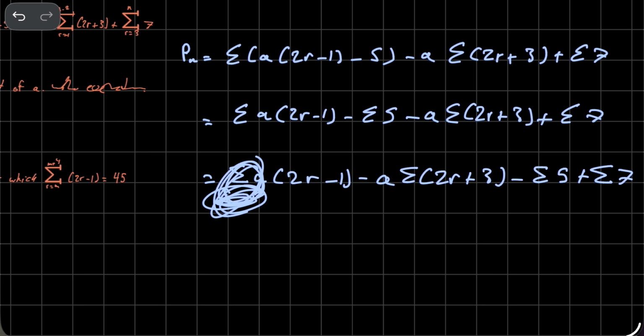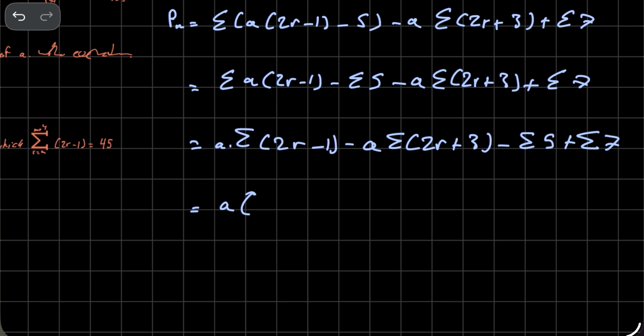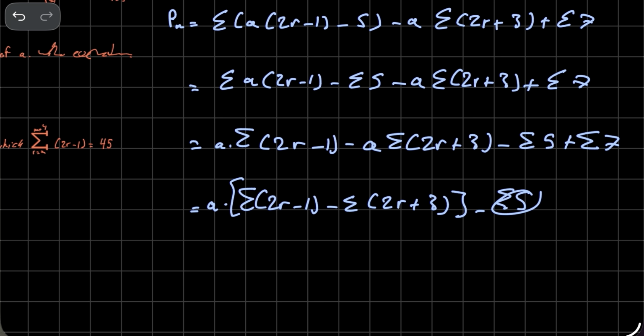So it's A times sigma of this thing: A times sigma(2r minus 1) minus sigma(2r plus 3), minus sigma 5 plus sigma 7. Now, about these sigmas, we don't really care much about them because we want to make Pn independent of A.